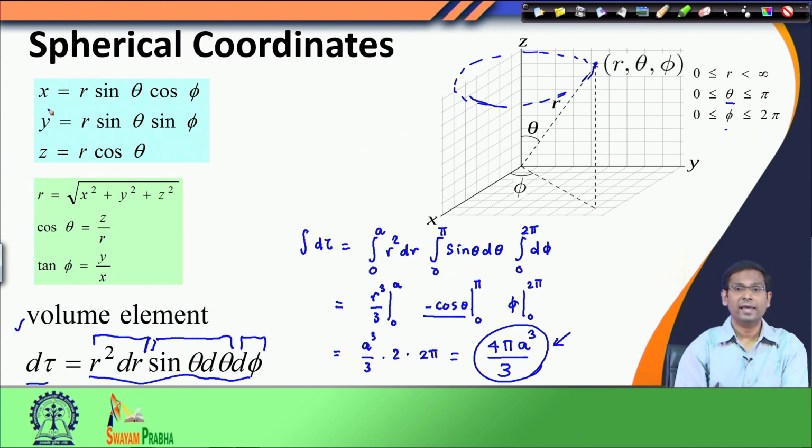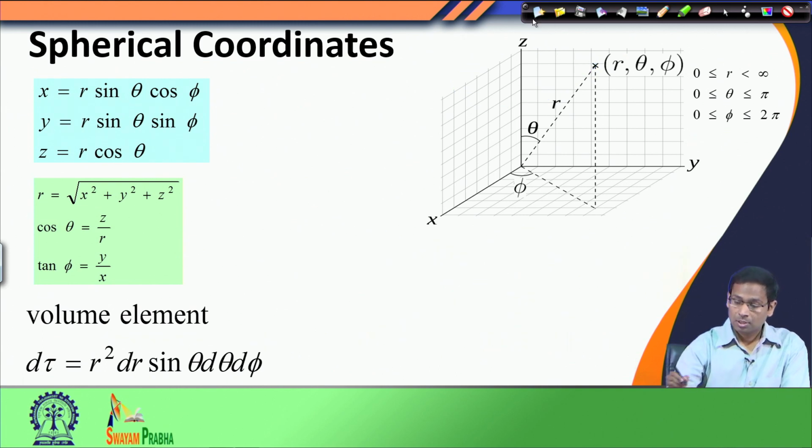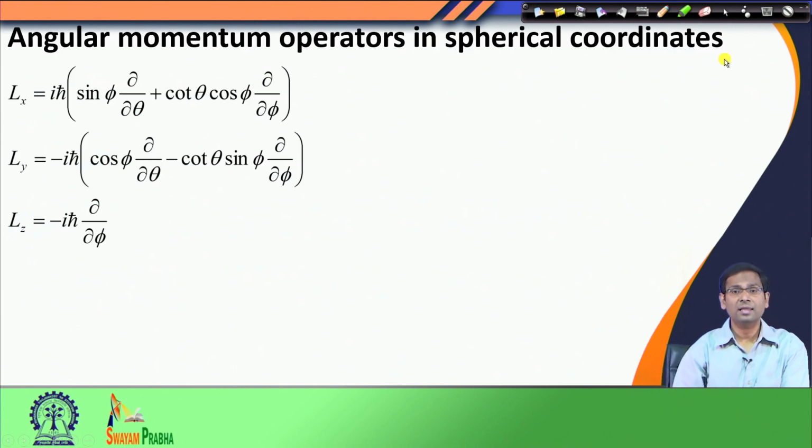Now, we have defined the rules to convert from the spherical coordinate system to the Cartesian system and vice versa. In the previous lectures, we obtained the expressions for the angular momentum operators Lx, Ly, Lz in Cartesian system.